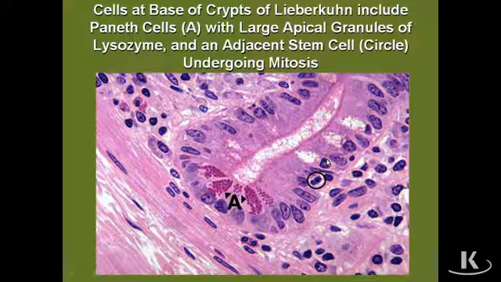And we know that the stem cells are situated at the base of a crypt of Lieberkühn near the adjacent Paneth cells, and we can see that in the circular insert, a cell undergoing mitosis. That's part of the regeneration that occurs associated with the lining epithelium.